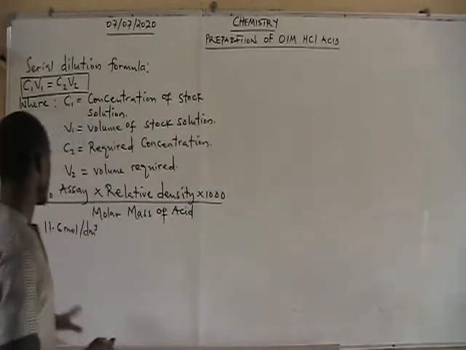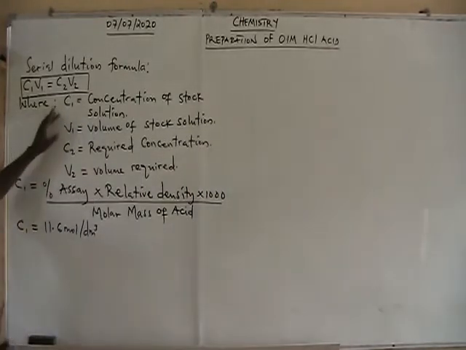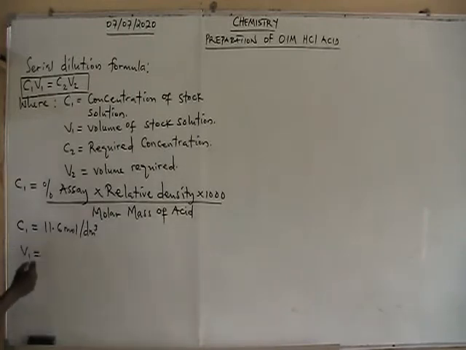Now, how do you calculate your V1? V1 is calculated by making it the subject of the formula here. So V1 equals C2V2 over C1.